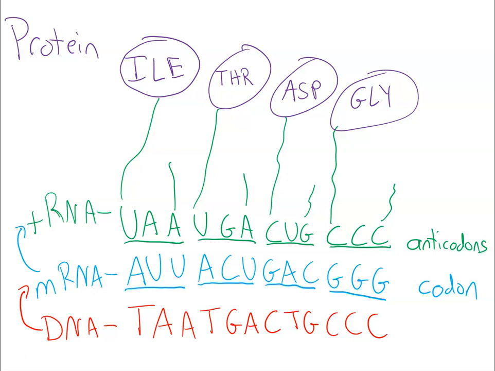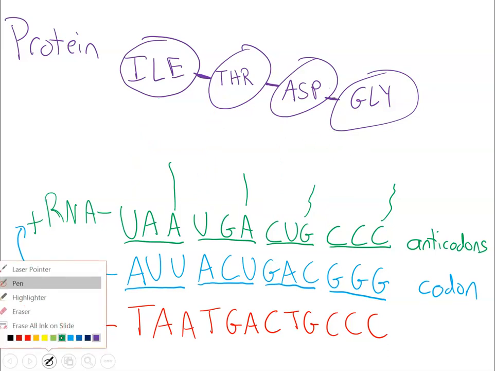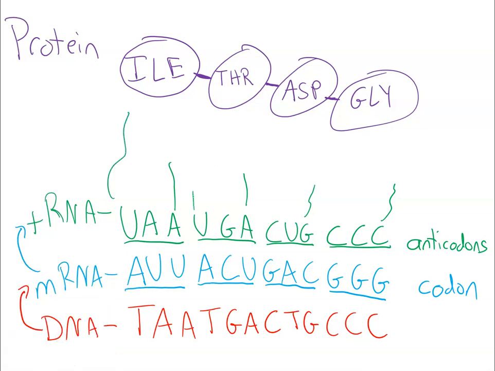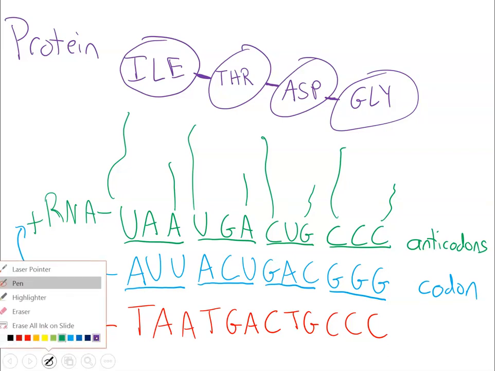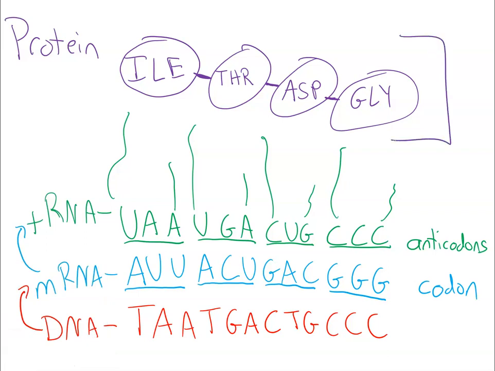And so the last thing that happens here to make the protein is that these amino acids chemically bond to each other and break off from the tRNA. Now there's still the rest of the tRNA molecule, but the amino acids are no longer attached at this point. And what we have now is a fully formed protein ready to go.